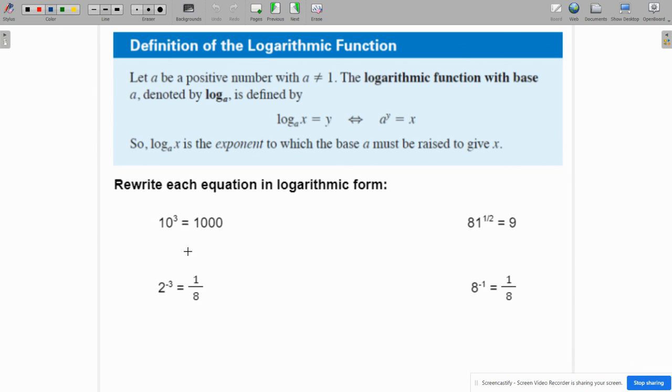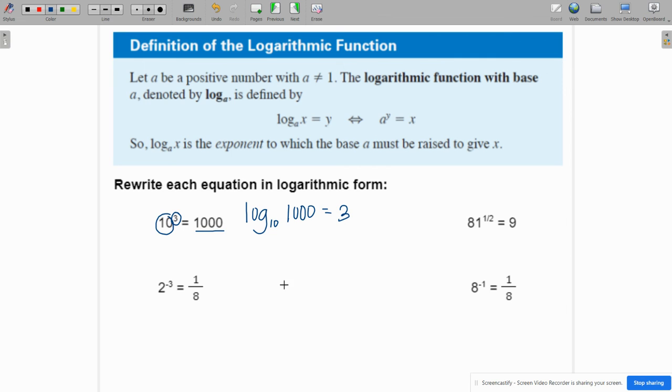It's just as important going the other way. If you have the equation in exponential form, you need to be able to write it in logarithmic form. In this case, we would say this is log, and if this is the base of your exponent, it becomes the base of your logarithm. So log base 10 of the number that the exponential equation was equal to, and that should equal whatever you had for your exponent.